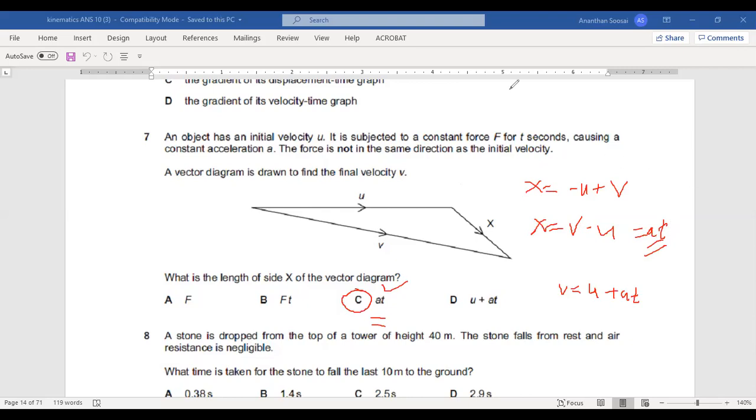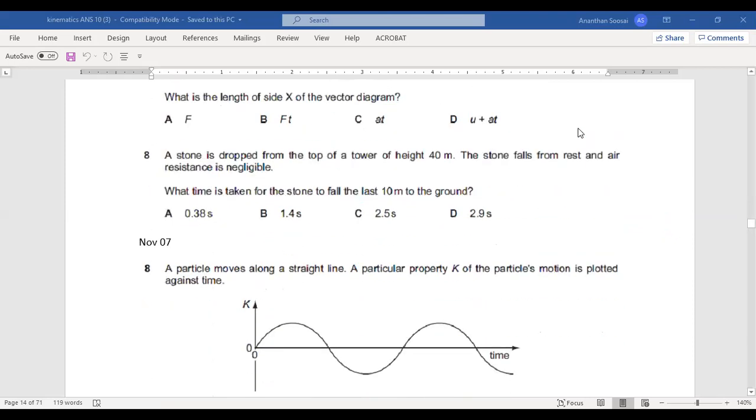Okay, more questions? Okay, number 8. Give me the answer. Number 8: a stone is dropped. Do the working.